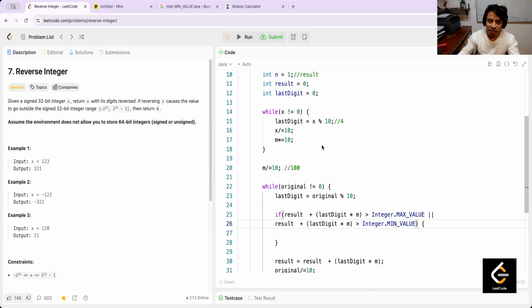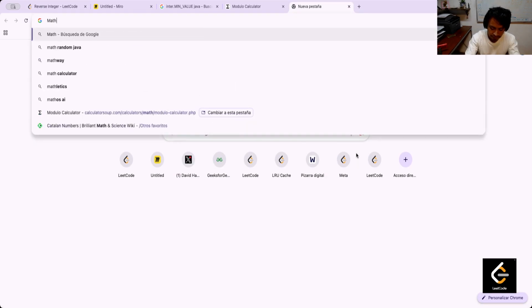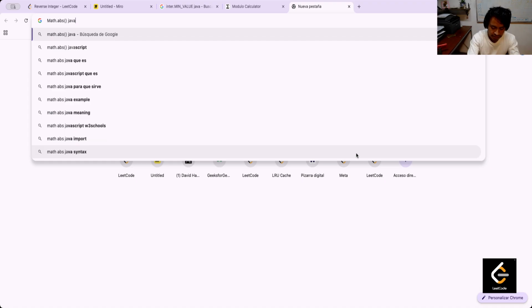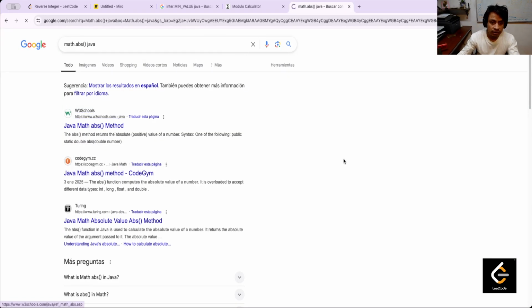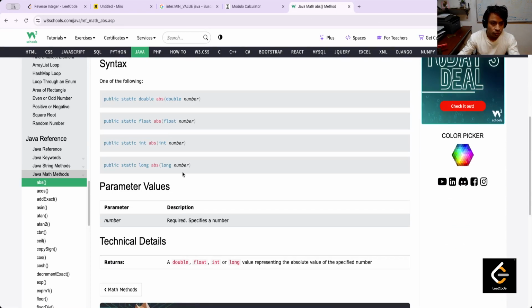I have this thought, but let me check some Java docs to check what is the float, integer, long number.